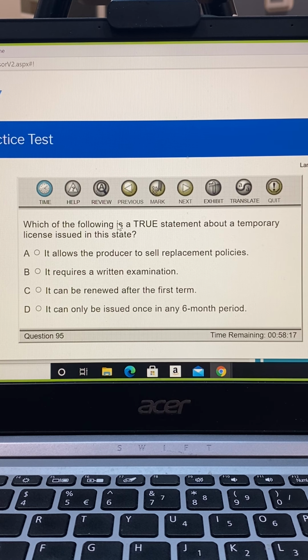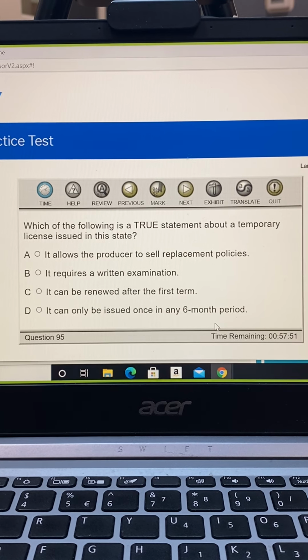Which of the following is a true statement about a temporary license issued in the state? It allows a producer to sell replacement policy. It can only be issued once in any 6-month period. It can be renewed after. It's true. Is it C?